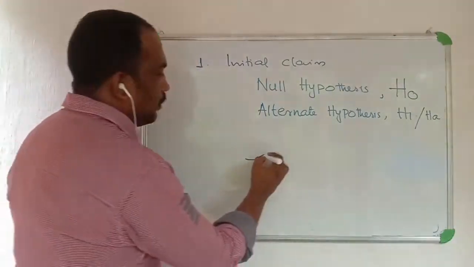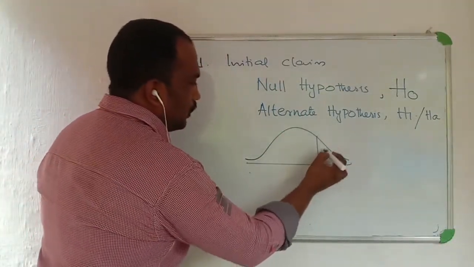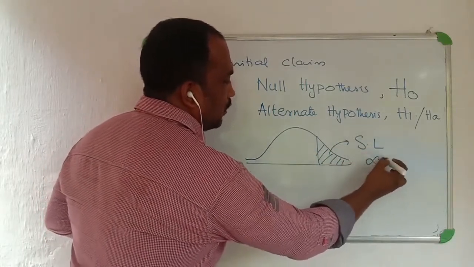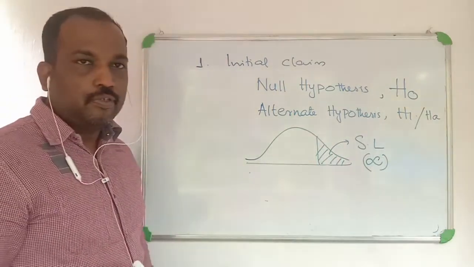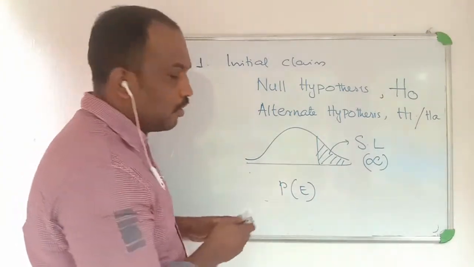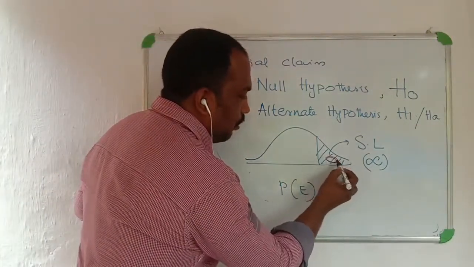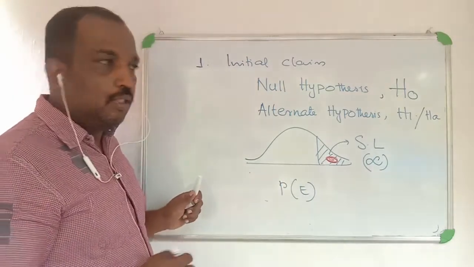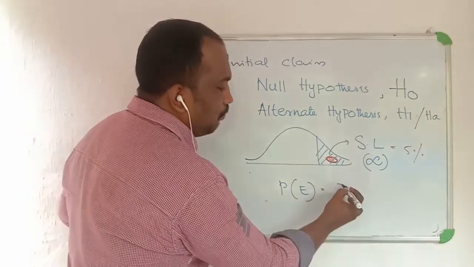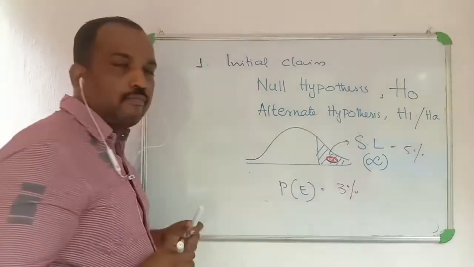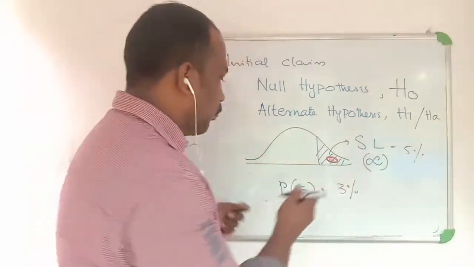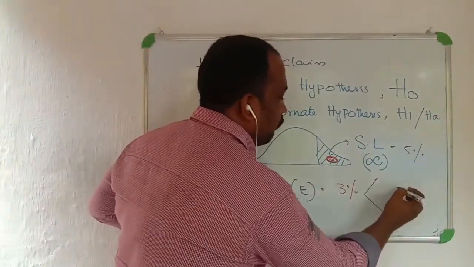Like we already discussed, suppose this is your significance level or level of significance, denoted with alpha. If the probability of an event is within this significance level, like suppose the significance level is 5% and your probability is 3%, you can say your probability is smaller than the significance level.